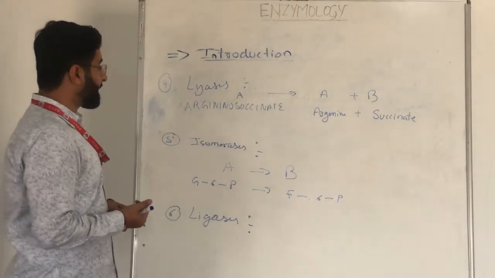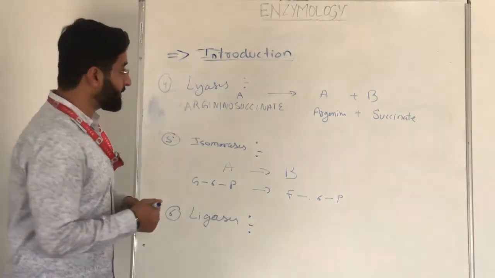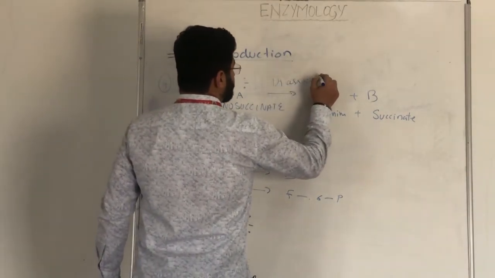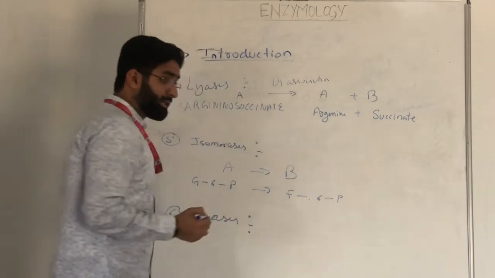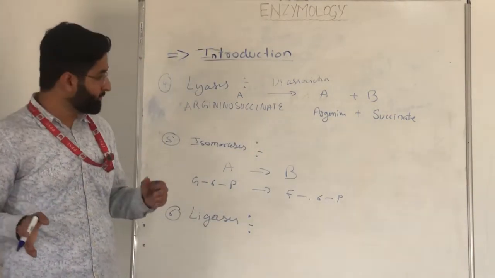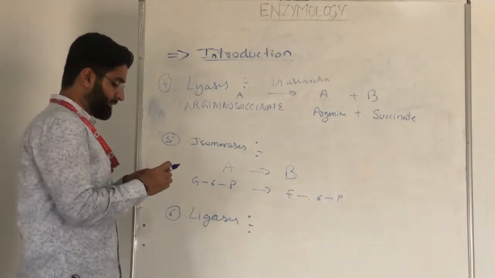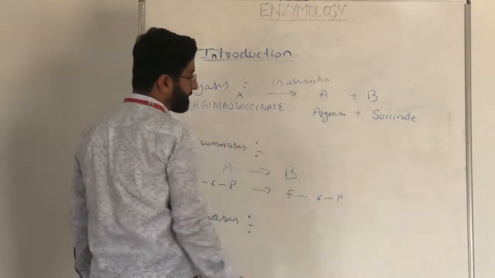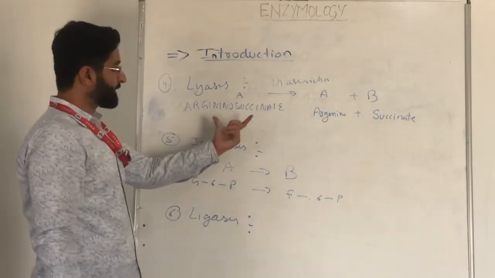So in lyases, again breakdown, dissociation happens here, okay, but here there is no involvement of water molecules. So let us take an example. We have a reaction A which gives two products, A plus B, right? So breakdown of this product happens.